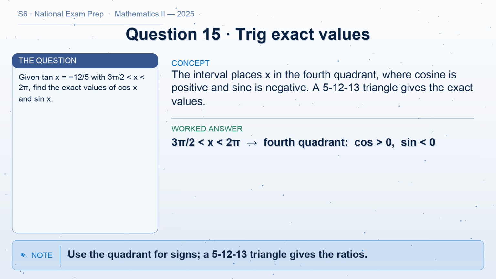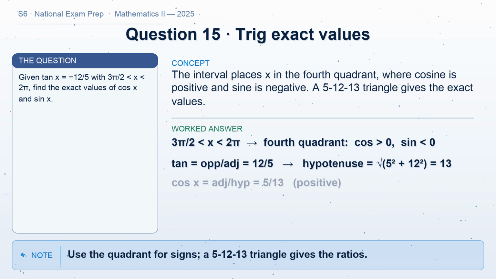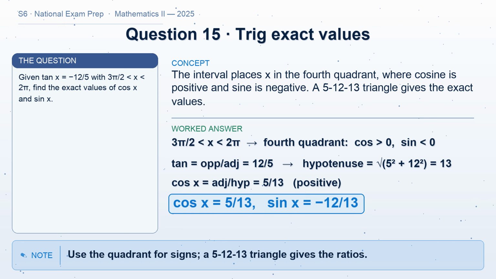Tangent is opposite over adjacent, so with opposite 12 and adjacent 5, the hypotenuse is the square root of 5 squared plus 12 squared, which is 13. Cosine is adjacent over hypotenuse, and it is positive here, so cosine x is 5 over 13. Sine is opposite over hypotenuse, but negative in this quadrant, so sin x is minus 12 over 13. So cosine x is 5/13 and sine x is minus 12/13.